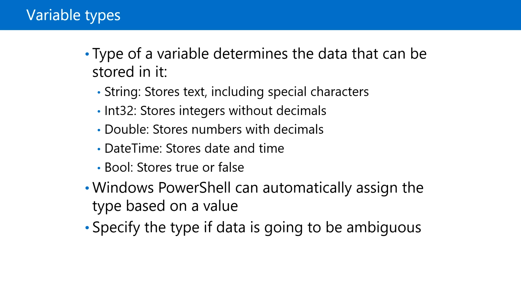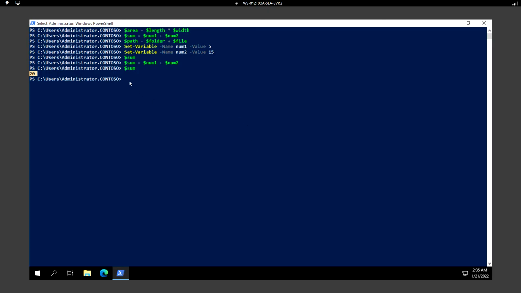For example, let me assign a date to a variable called date equal Get-Date. If I type date, I'll get the date. To find what type it is, I'm going to type $date.GetType().